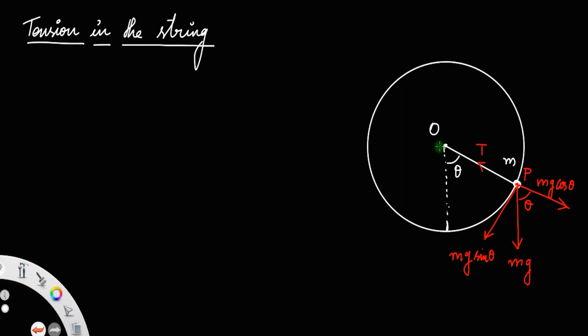So the net force acting along the line OP, since tension is in the inward direction and mg cos theta in the radially outward direction. Since the force acting towards the center is centripetal force, the net centripetal force is equal to the difference of these two forces, which means T minus mg cos theta.